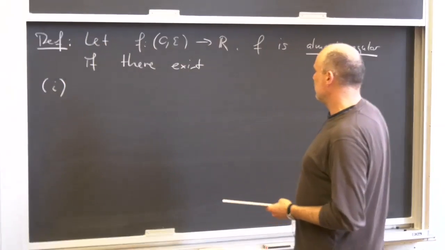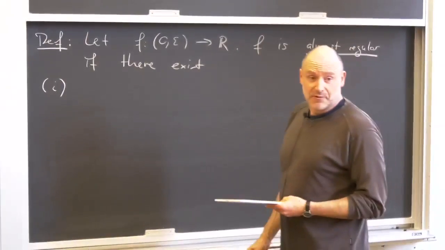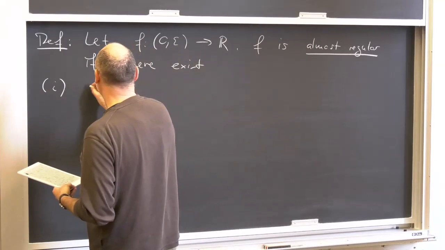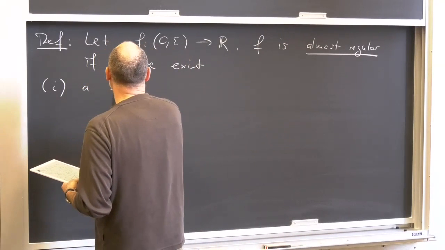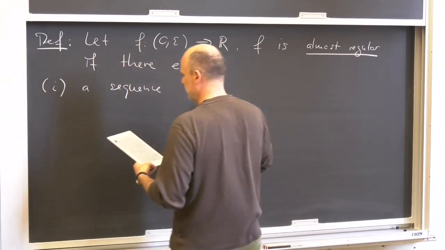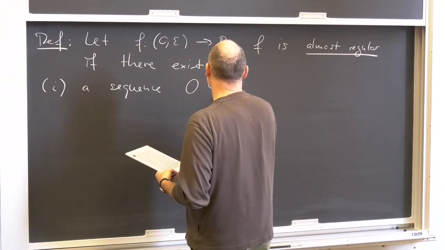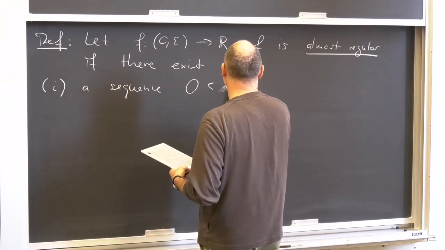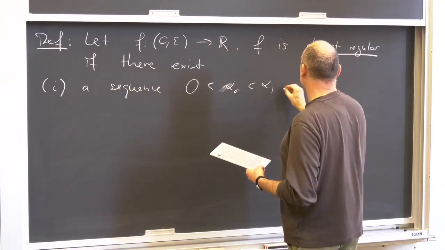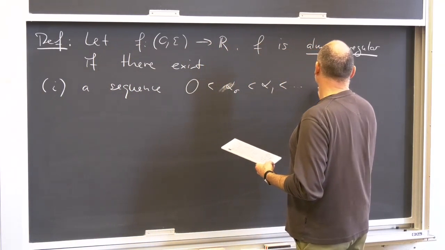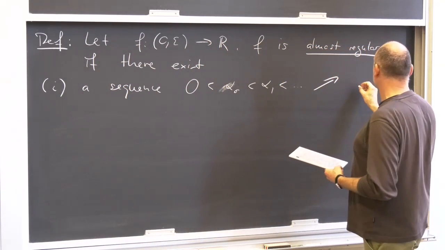I need some data to describe the Transseries in question. So we have a sequence of exponents, all bigger than 0, alpha 0 less than alpha 1, and so on, going off to infinity.